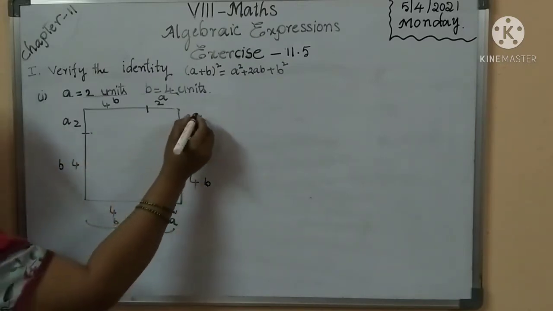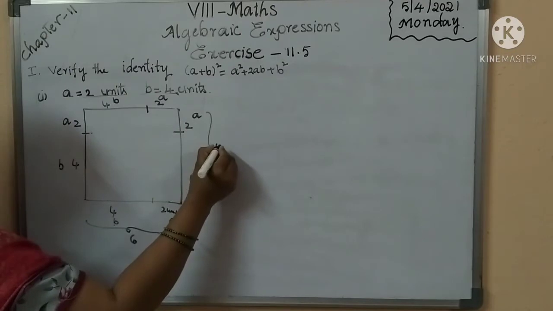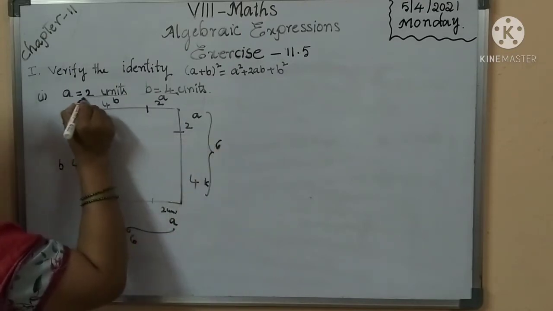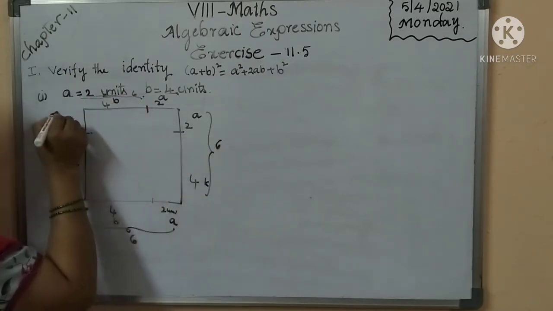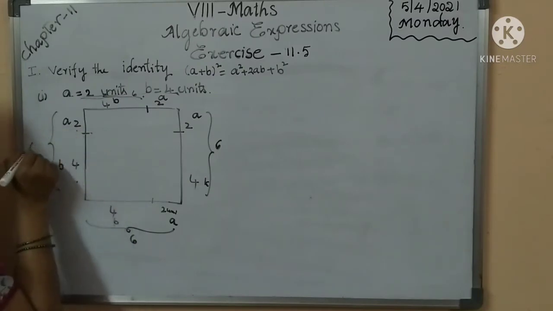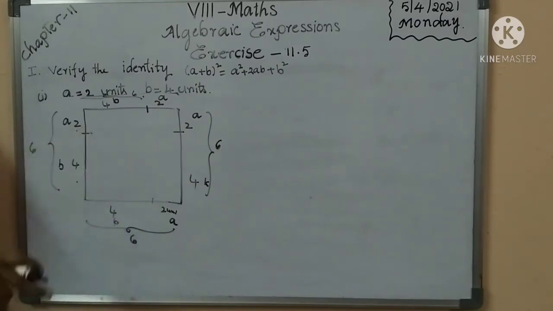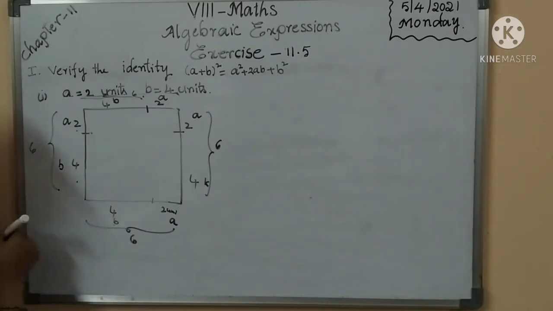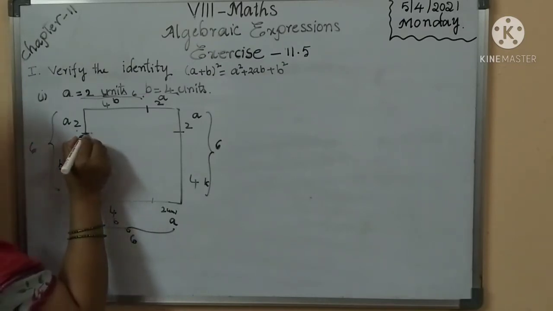Here also the total is 6 units. The whole area of the square equals 6 into 6, side into side.